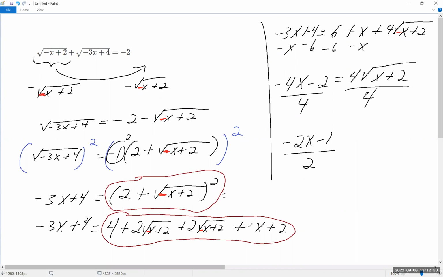And I believe here as well, which would have been over here. So I should have added it instead, which makes this a minus 2. Which makes this a minus 1.